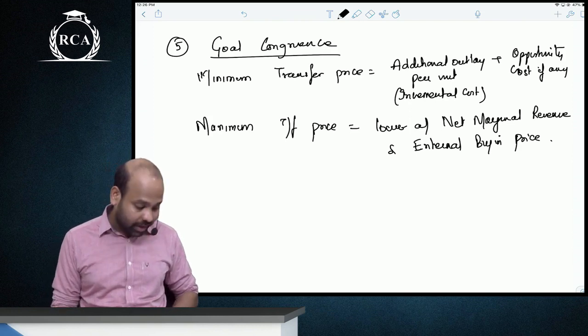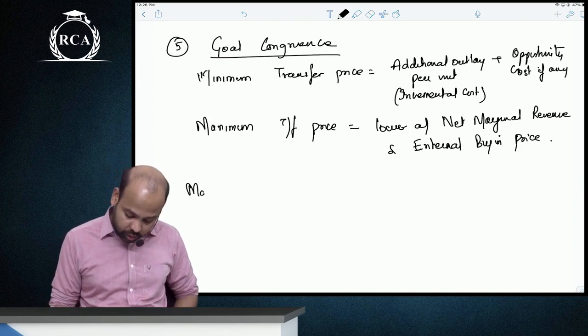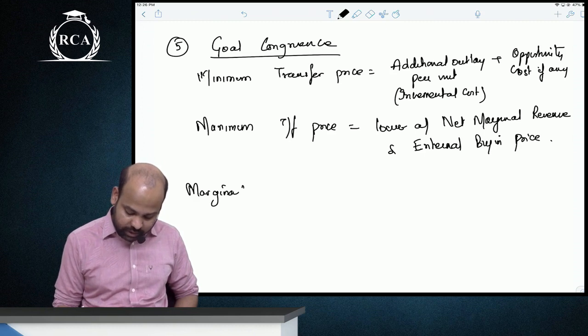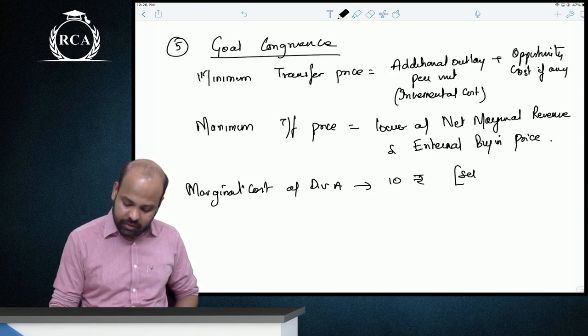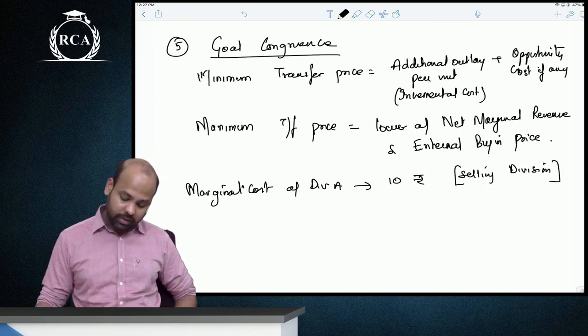what is given in the case here. The marginal cost of division A, your selling division, is 10 rupees.